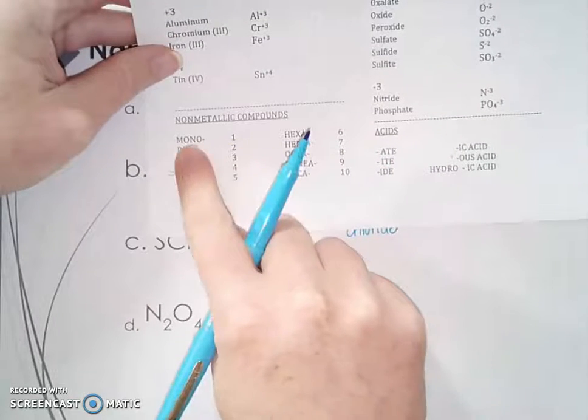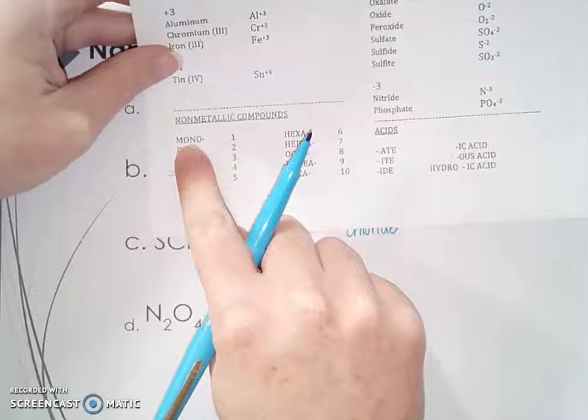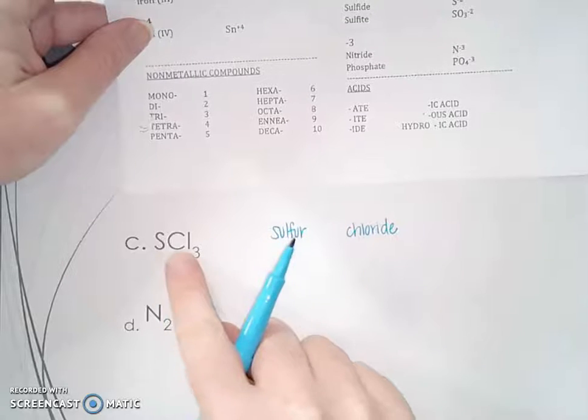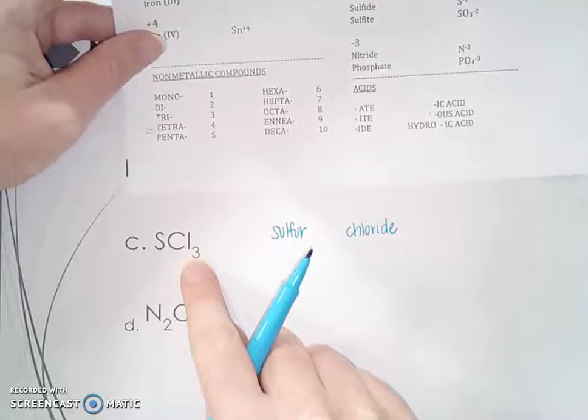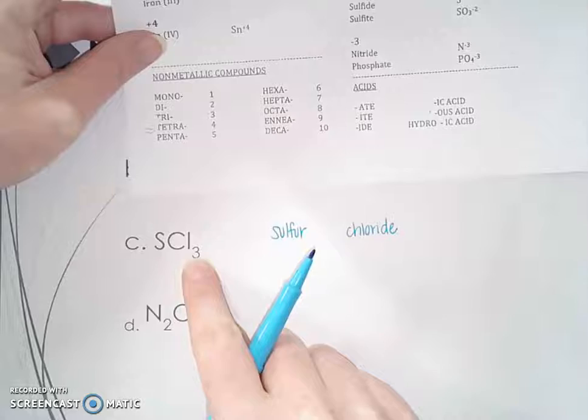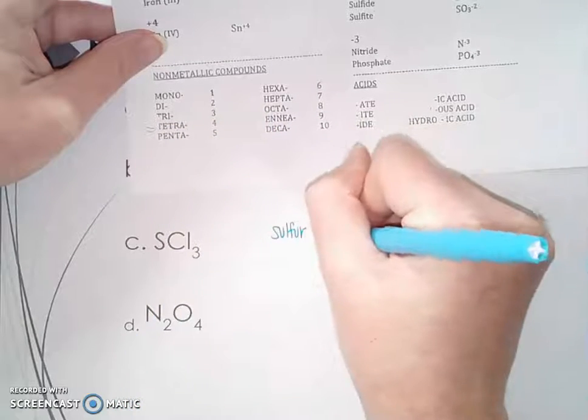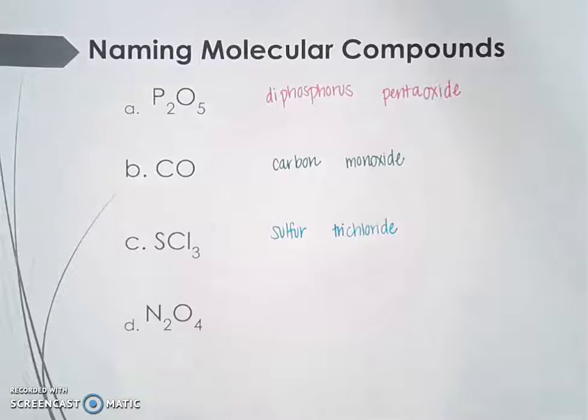However, 1 is mono, and we don't put mono on the first element. So sulfur is just going to stay sulfur. Cl, on the other hand, needs a prefix. There are 3 of them because of my subscript 3. So 3 is tri. So I'm going to go ahead and put trichloride. So my answer here is sulfur trichloride.